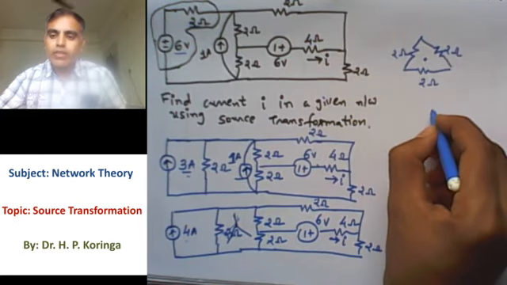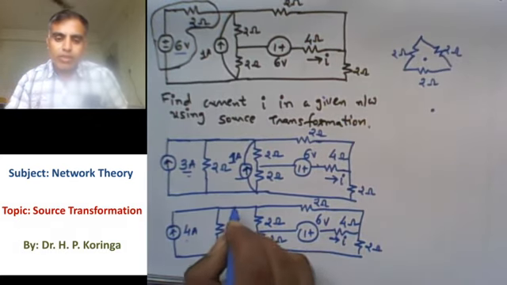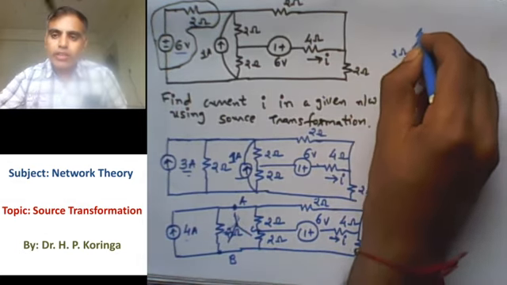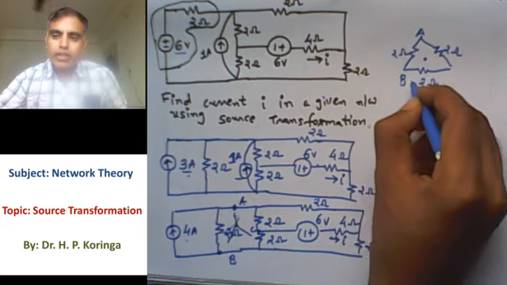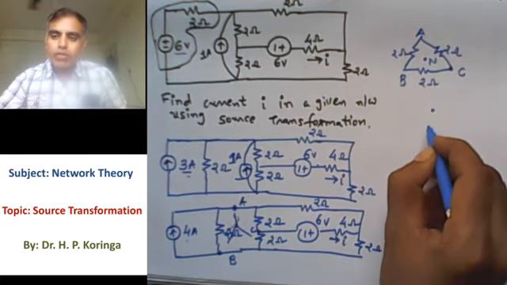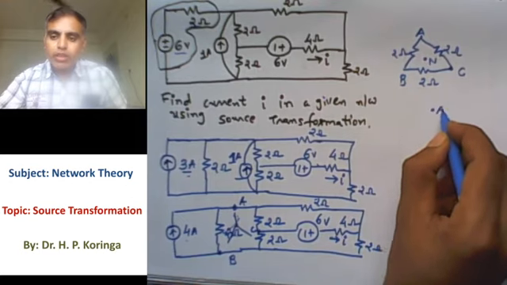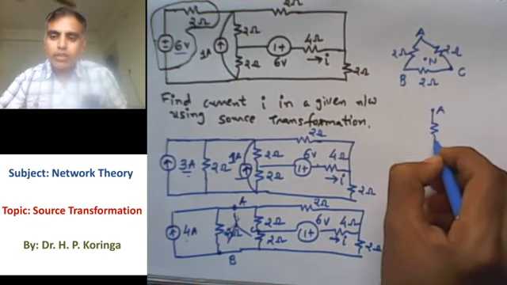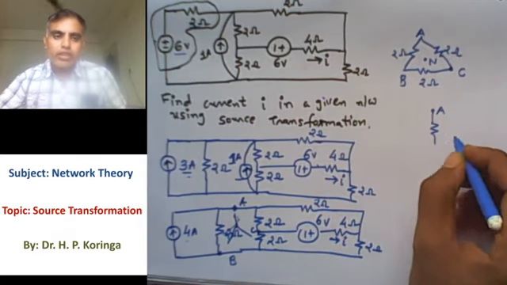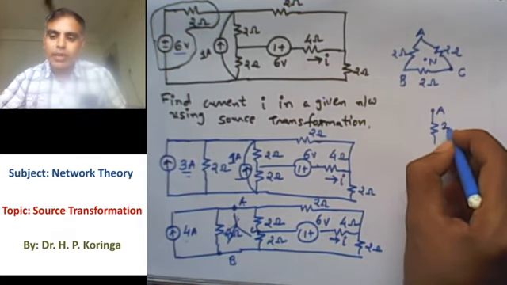When we convert into star, let me call this point A, this point B, and this point C, with a neutral here. When we convert delta to star, since all three are equal, we divide by 3.